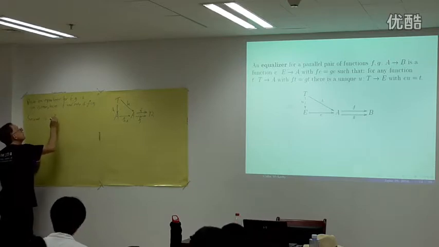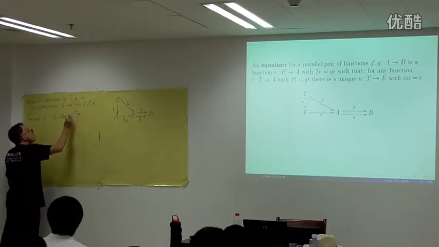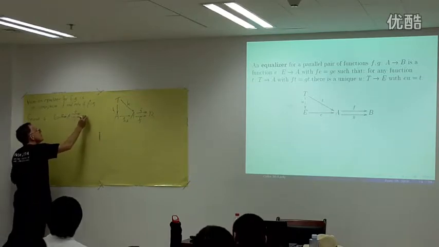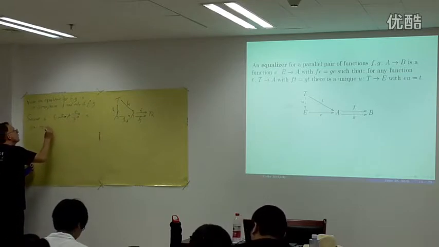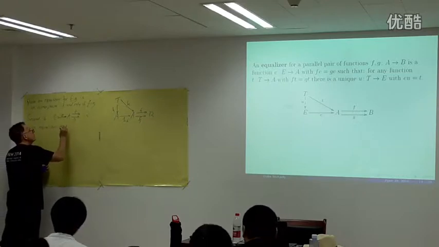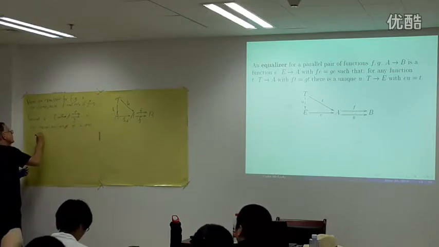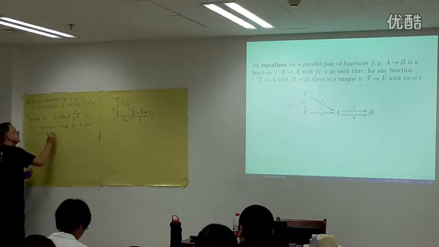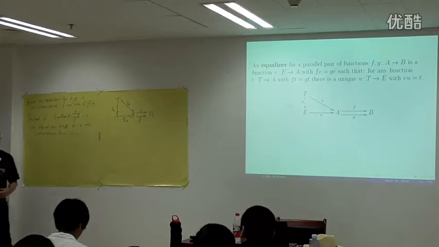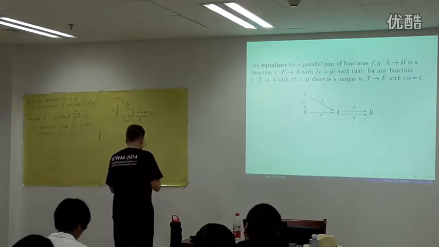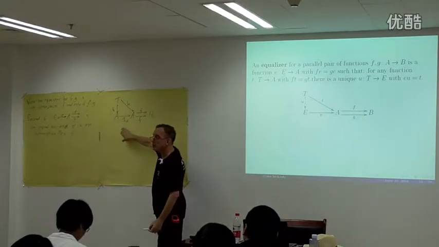So that's the first direction, but now the second result, well, it's not much harder. If this is an equalizer and E is an isomorphism, then F equals G. We know the equalizer of a function with itself is, up to equivalence, the identity.